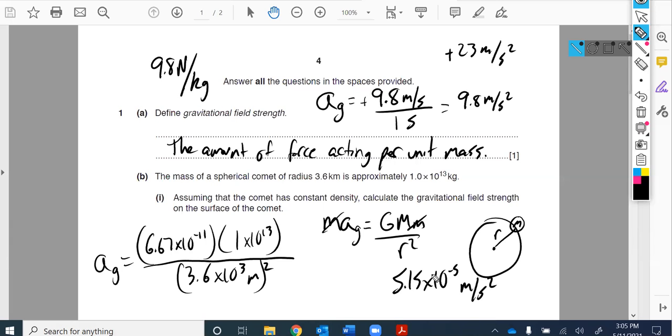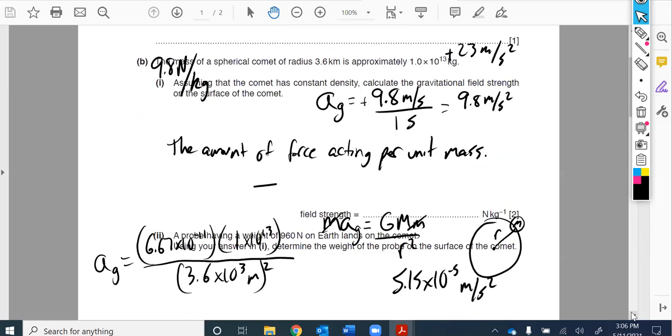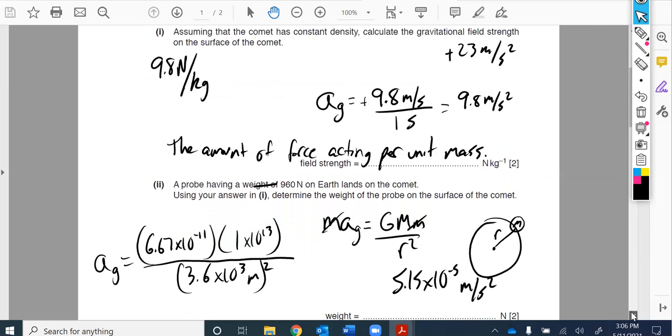So it's a very, very weak gravity field because it's a comet and not a planet, right? So if we were to land on a comet, that's the kind of gravity field we'd be dealing with if it were these dimensions.